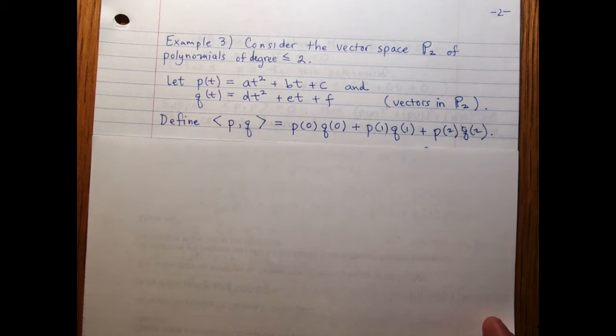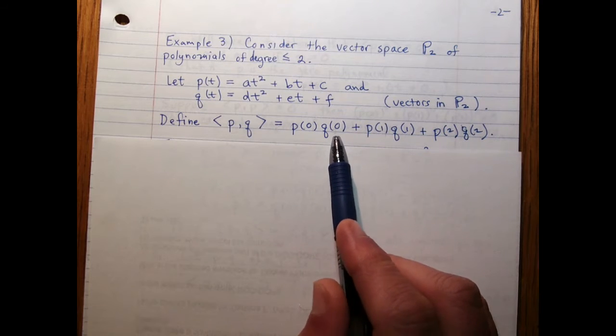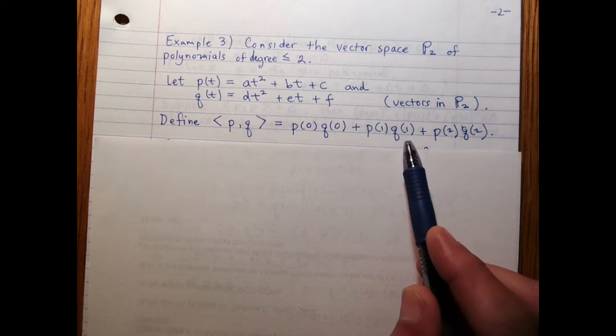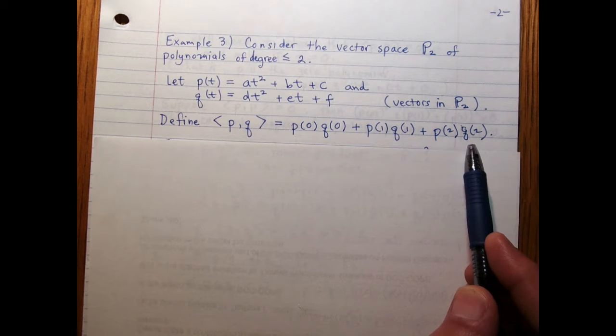And so I'm going to define this inner product. The inner product of P and Q is P evaluated at 0 times Q evaluated at 0, plus P evaluated at 1 times Q evaluated at 1, plus P evaluated at 2 times Q evaluated at 2.